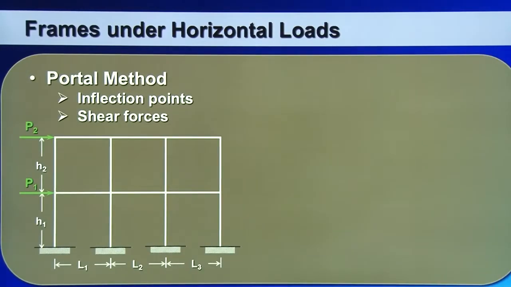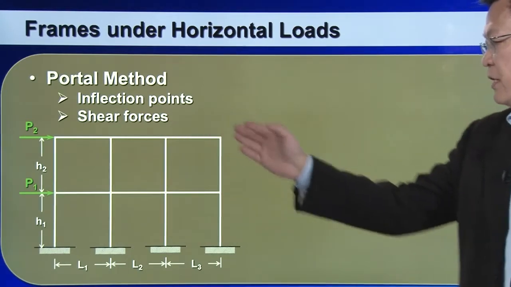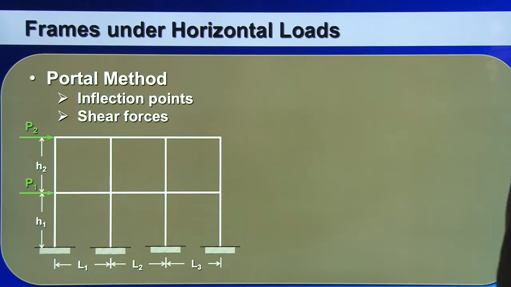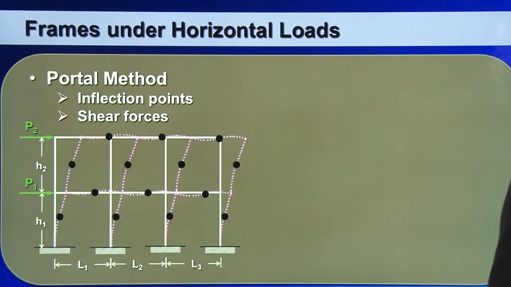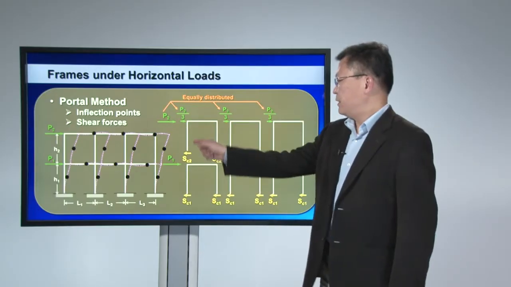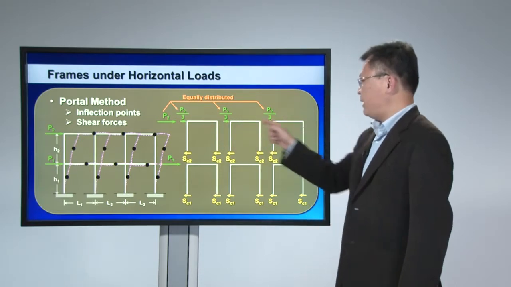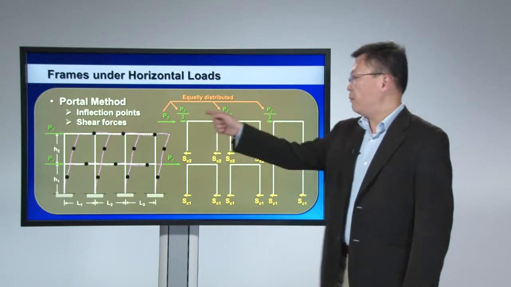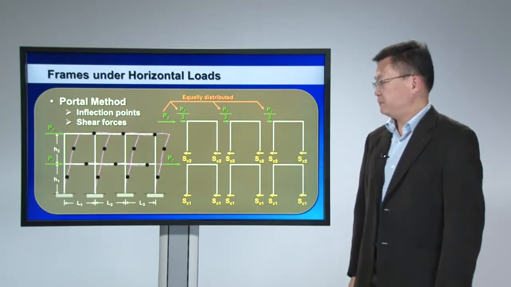It assumes that at every midpoint of the components, columns or beams, they are inflection points. The second assumption it adopts is that the shear force follows a certain distribution. In fact, it assumes that the individual bays inside the frame resist an equal amount of horizontal force.